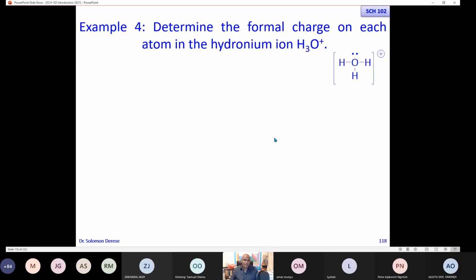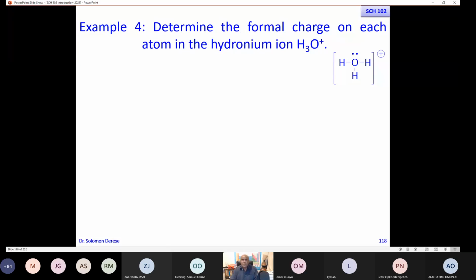So sorry. When you look at this molecule, the hydronium ion has a charge of +1. The structure for hydronium ion is this one, and the charge on this molecule is +1. That's the charge of the molecule.